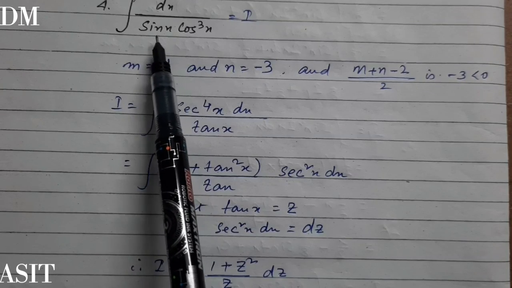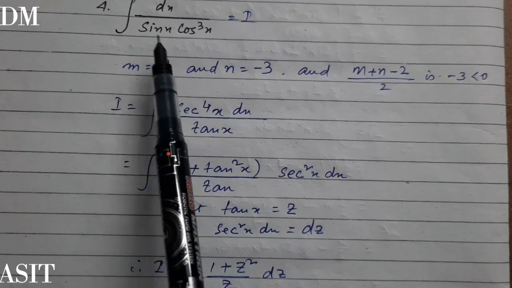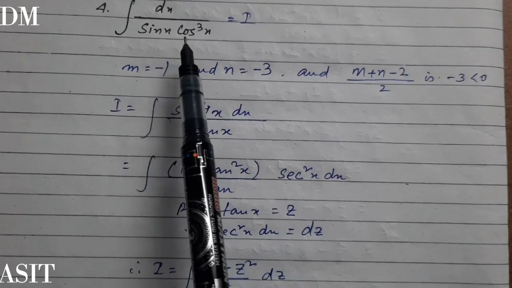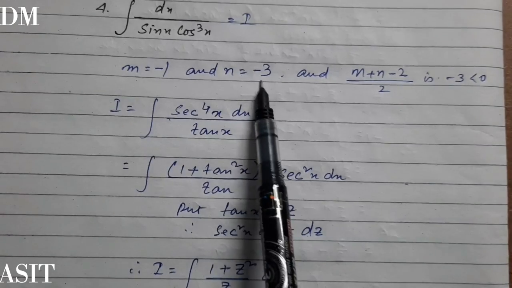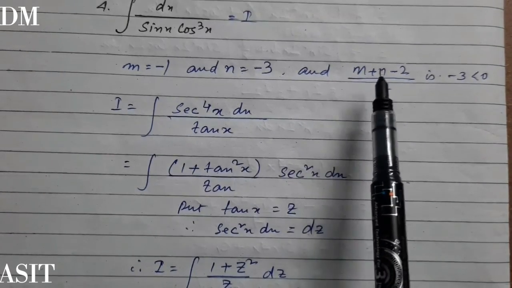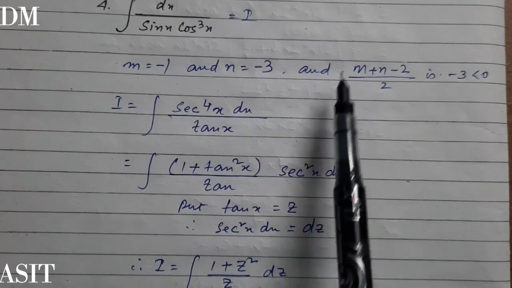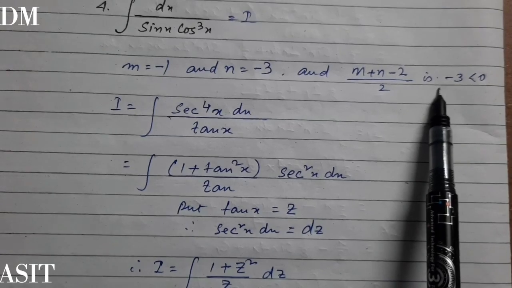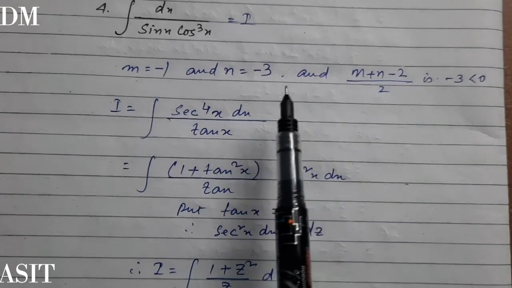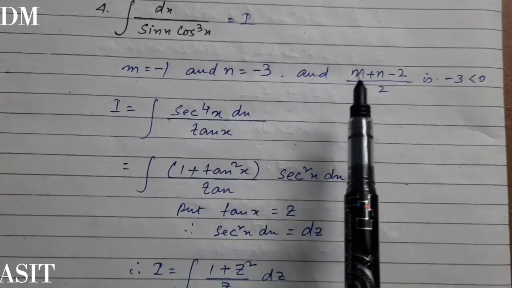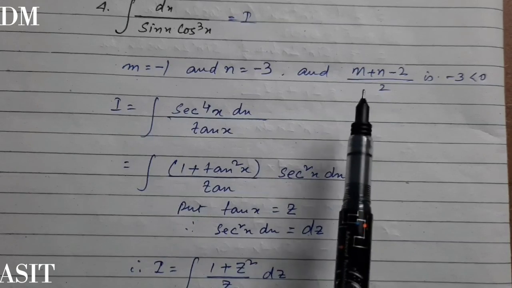Now here we can see that m is minus 1 and n is minus 3. Now if I find out m plus n minus 2 by 2, this is coming as a negative value. So therefore we need to put either cot x as z or tan x as z.